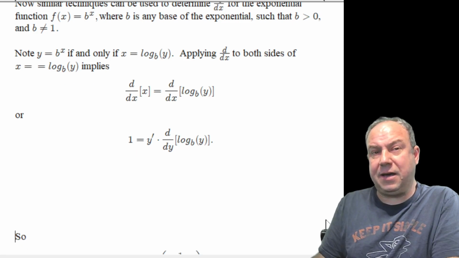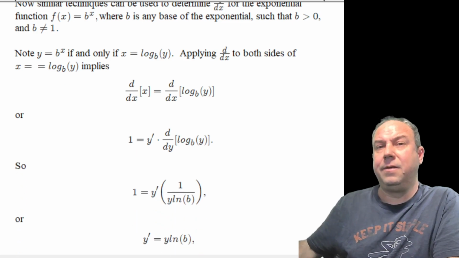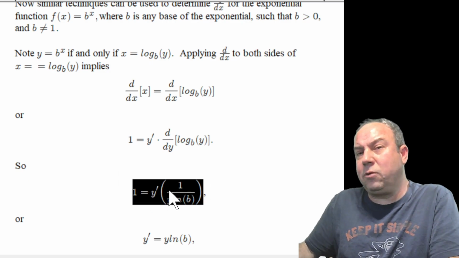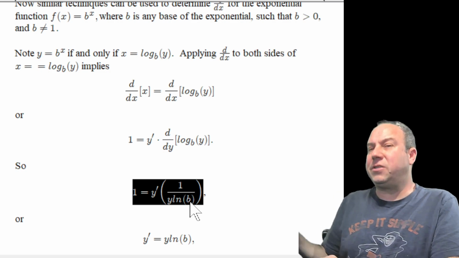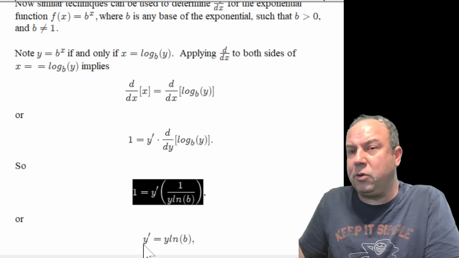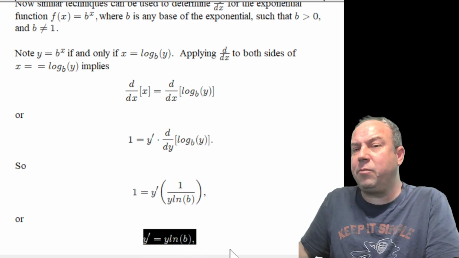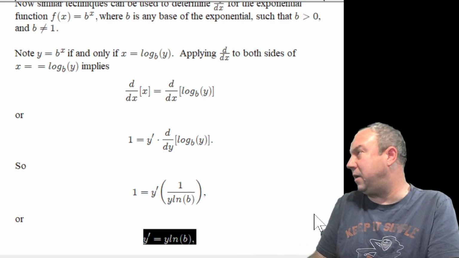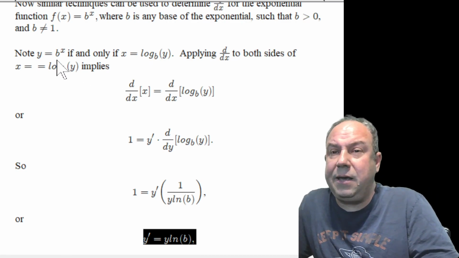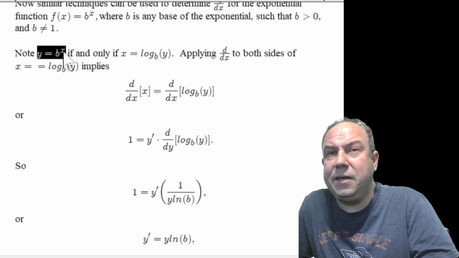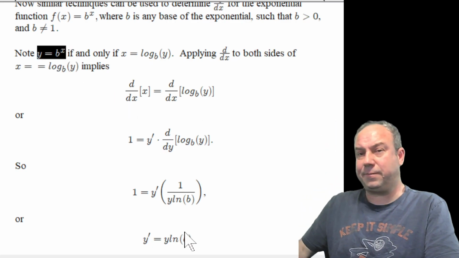If we bring that up, so we end up with 1 equals y prime times 1 over y times the ln of b. And if we solve this for y prime, multiplying both sides by y ln of b, we end up with y prime equals y ln of b. Or what do we know about y? Y is b to the x.